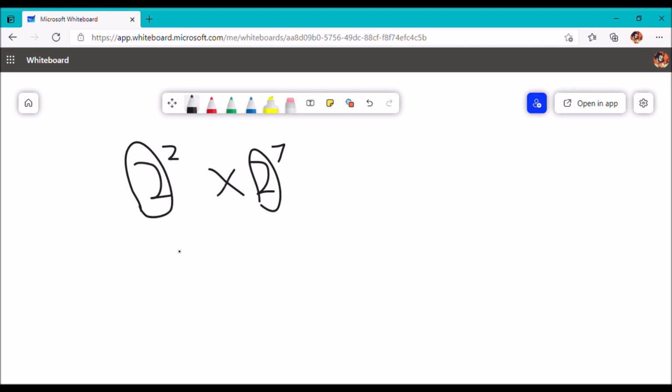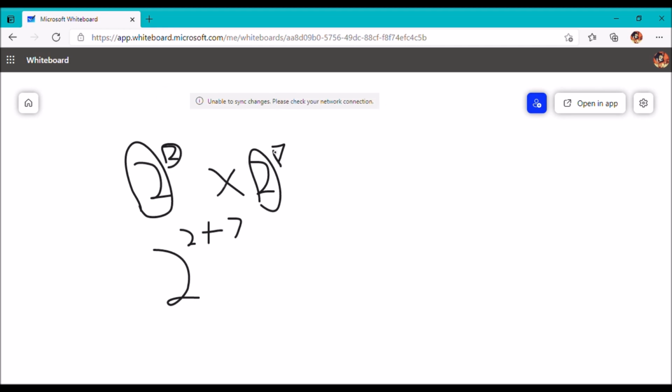So we need not change these bases. We must just add the indices. So we must add 2 and 7. So 2 plus 7 equals 9, giving 2 to the power 9. So this is the final answer.